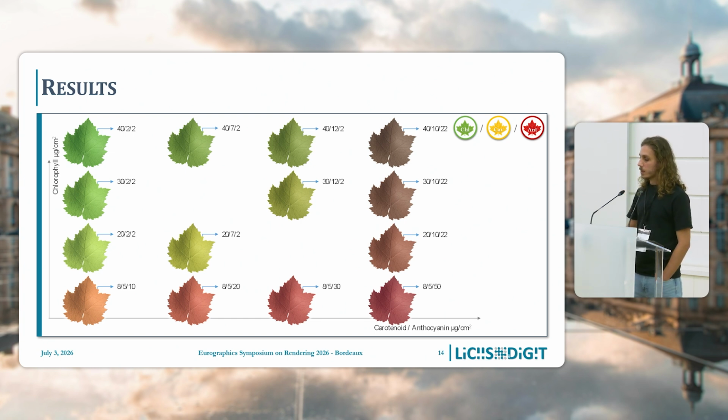Here you can see a comparison between chlorophyll concentration and carotenoid and anthocyanin concentrations. We can see that if our chlorophyll has a high concentration in our leaf, the color of the leaf is green. And if we reduce chlorophyll concentration and increase carotenoid or anthocyanin concentration, our leaf is red or brown.